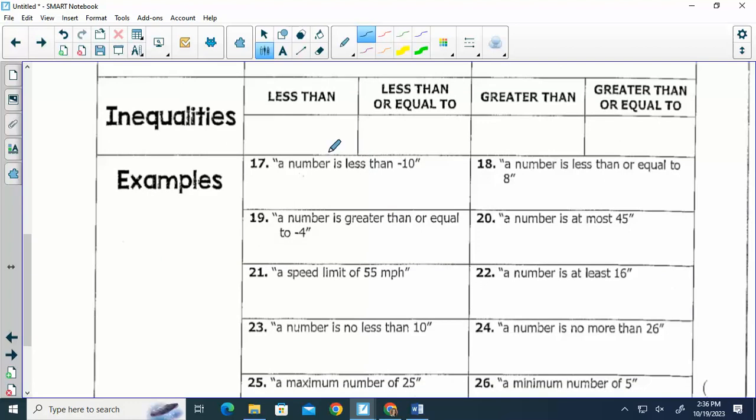Are we done? Alright, the last one we want to talk about is with inequalities. We remember a less than symbol looks like this. Less than or equal to, greater than or equal to. So a number, so that would be x, is less than -10.